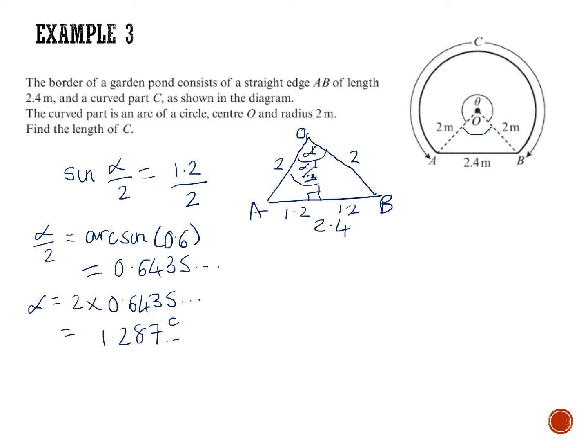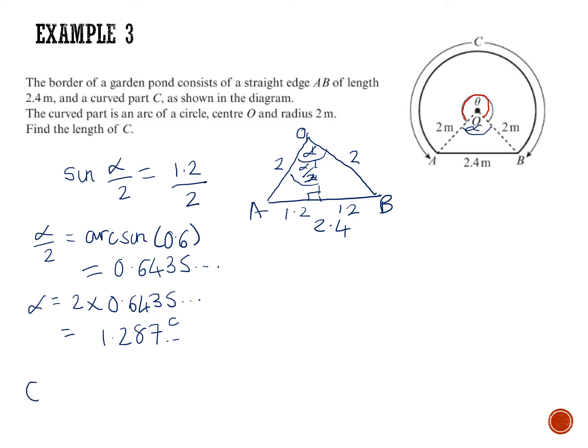Now let's have a look back at our diagram here. So this is my alpha that I've just worked out, and I want to work out what theta is. Theta is the bit that goes round here, that makes the major arc. So how are they linked to each other? Well, they're all on a full turn, so they're all on 360 degrees. Not working in degrees, working in radians, they're all on 2 pi radians.